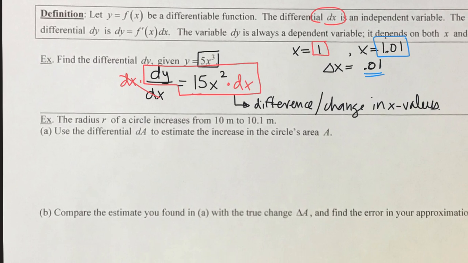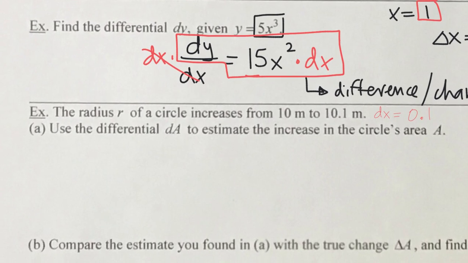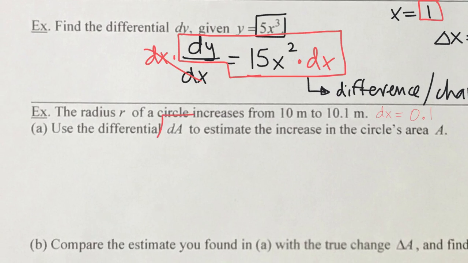Okay, so example: the radius of a circle increases from 10 to 10.1. So what is our delta x if we started at 10 and went to 10.1? 0.1, right? We had 1/10 of a change in the length of our radius. So dA is probably the area formula, right? So area equals pi r squared.